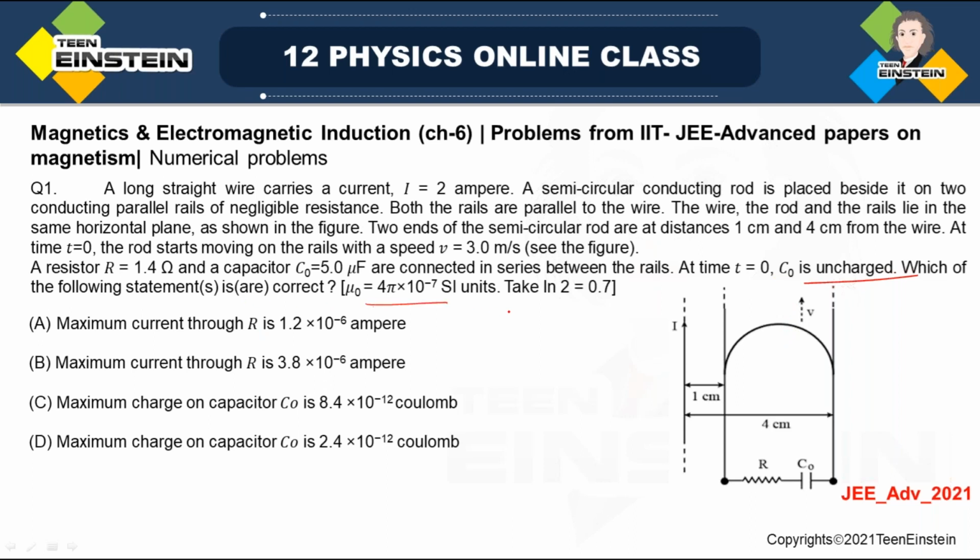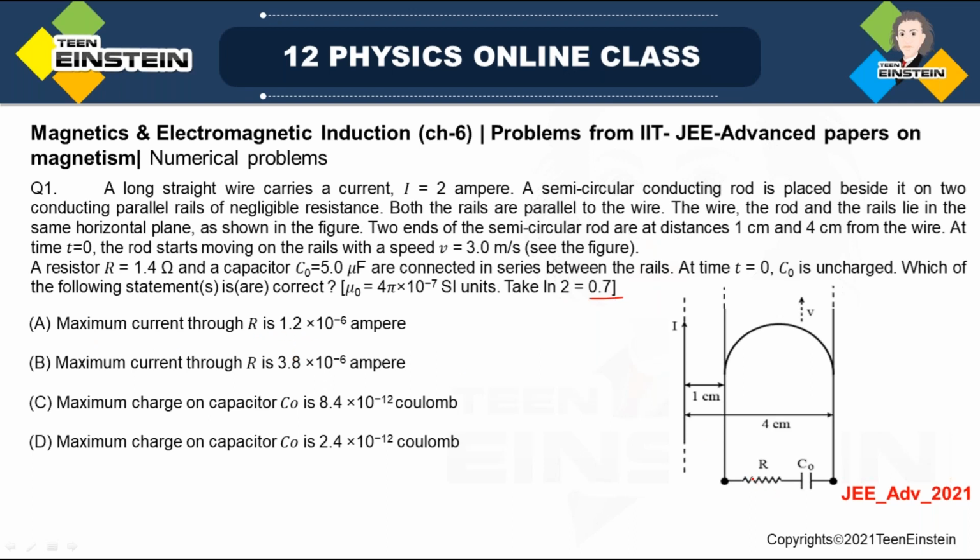Where mu0 is given in SI unit, and ln2 has been taken as 0.7. Generally it is actually 0.693, something like that, so that has to be taken as 0.7 for the calculation purpose here. So this is the whole problem. See, the question is the maximum current through R.